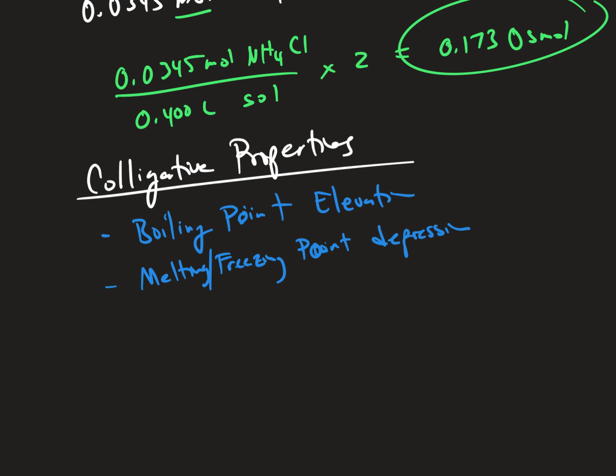Same thing with boiling. You put salt in your food. What does that do? It elevates the boiling point. What temperature does water boil at? You guys know? At sea level anyway, 100 degrees Celsius. And so if we put salt in our water as we boil it, it's gonna take longer to boil.